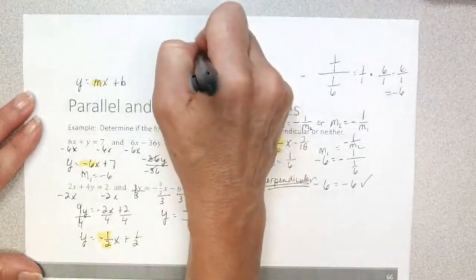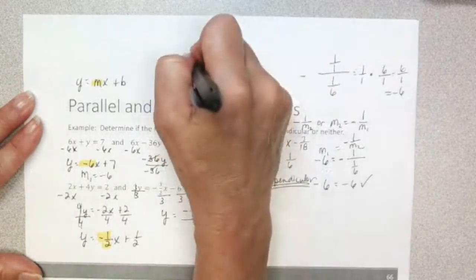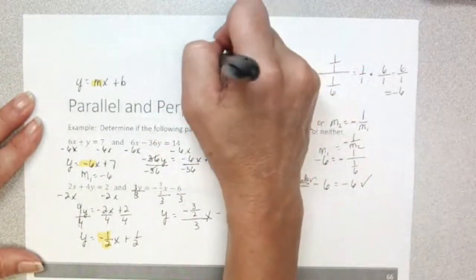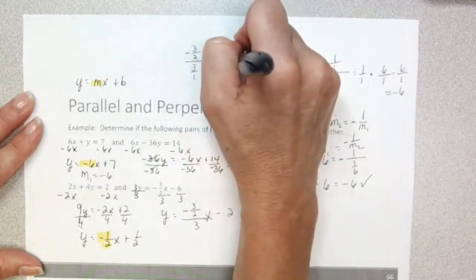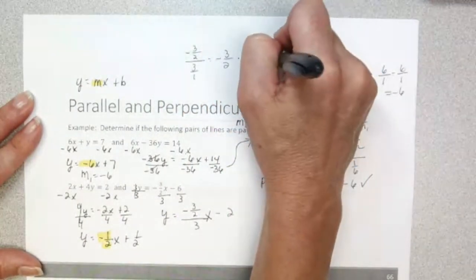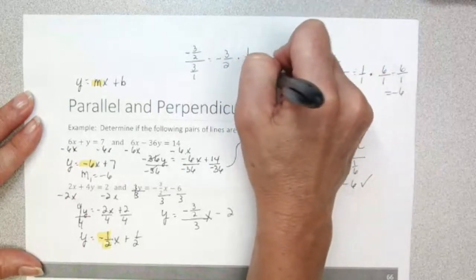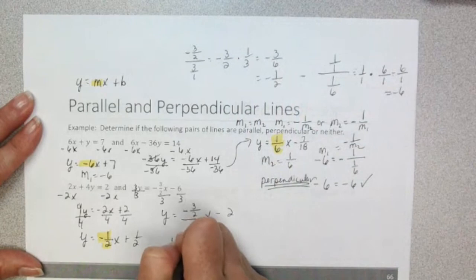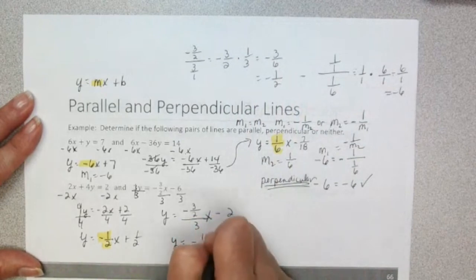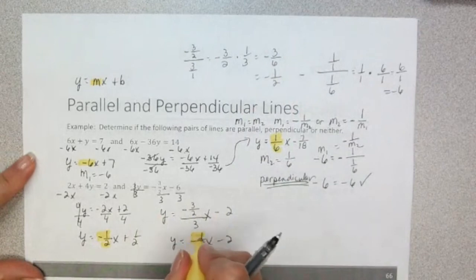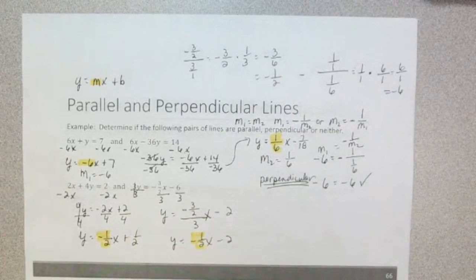That's like -3/2 divided by 3 over 1. So if we keep, change, flip, then we have -3/2 times 1/3, or -3/6, which of course reduces down to -1/2. Okay, so y equals -1/2 x minus 2, and -1/2 is equal to -1/2.